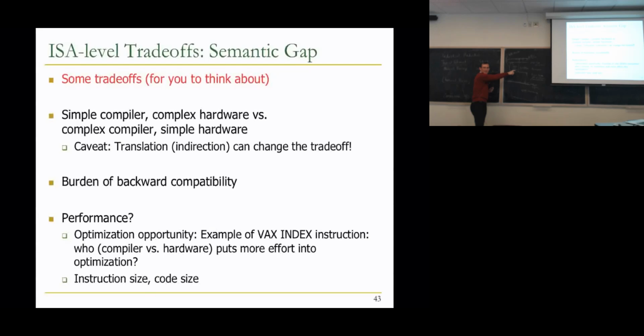Their idea was a proprietary software layer, which they called the code morphing software. They took x86 assembly code and translated it, as part of their firmware, into a VLIW ISA, very long instruction word.